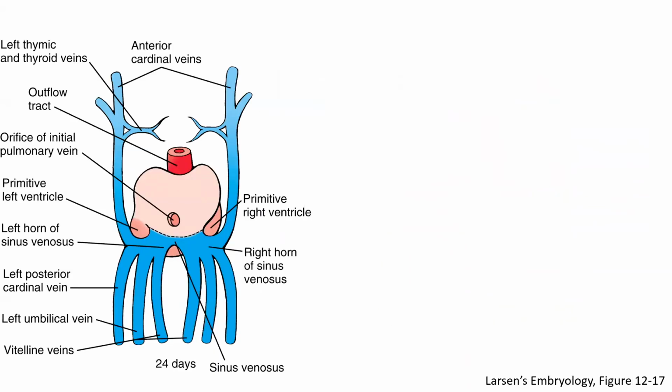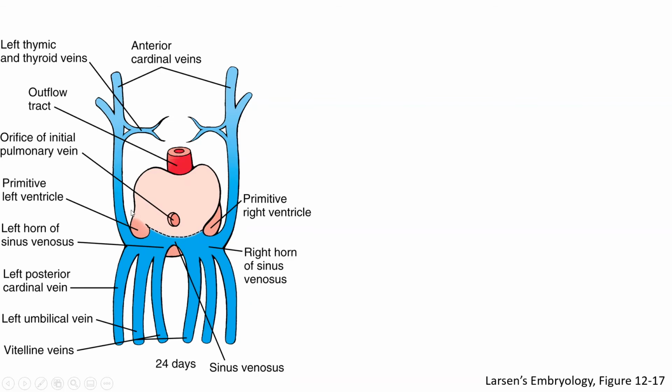So after rotation, viewed from the posterior here, a number of things are going to happen over the next month. A number of these caudal veins are going to obliterate. The right sinus horn invaginates into the right atrium, becoming the sinus venarum.